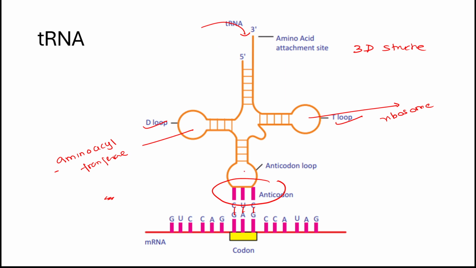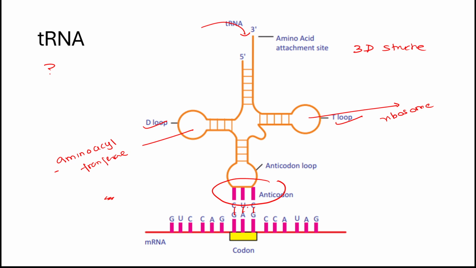Yes. So these are the three. I'm just going into the structure. Now, the question arises: how does the tRNA molecule identify a specific amino acid according to the codon that is given? It is because the anticodon will bind to the codon in a complementary manner.